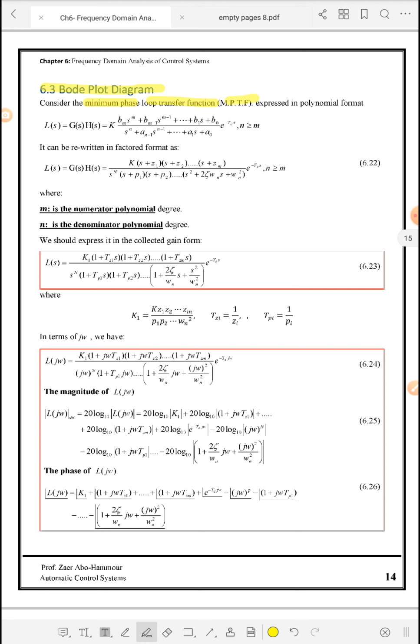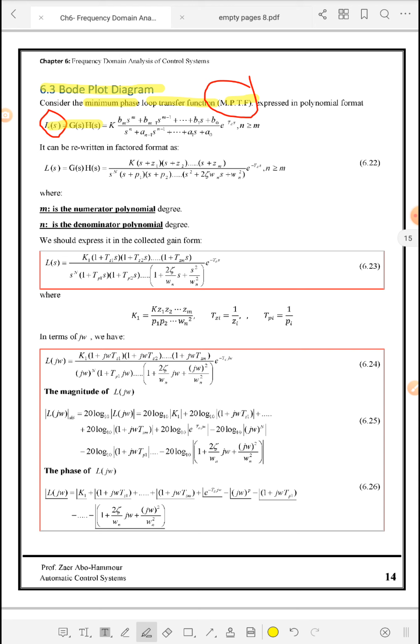This MPTF is minimum phase transfer function. But we are speaking about the loop transfer function, not the closed loop transfer function. Loop means it's GH. Loop transfer function is GH.